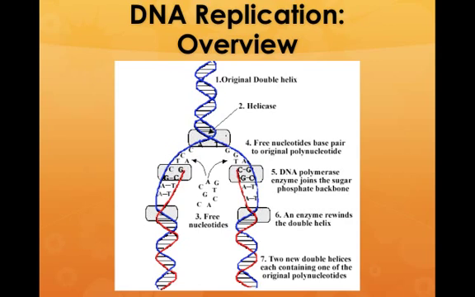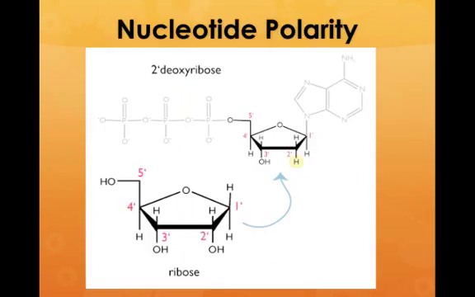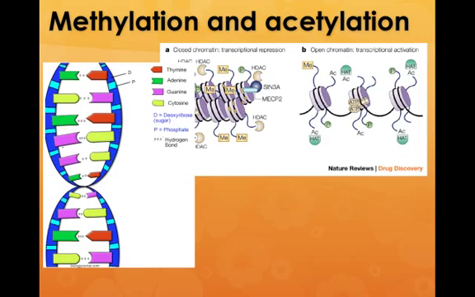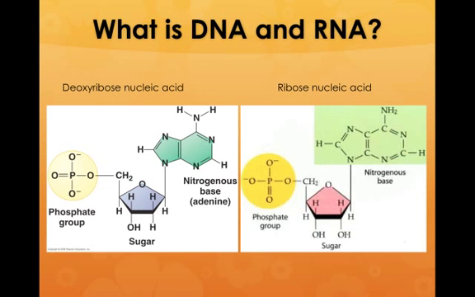Alright, since we've just learned about DNA and RNA and some of the differences between them, we learned a good amount about what makes up a DNA molecule, the three parts that make up DNA and RNA.